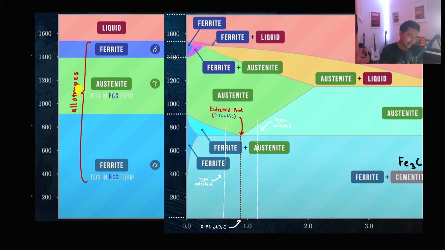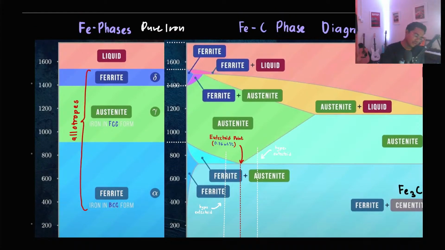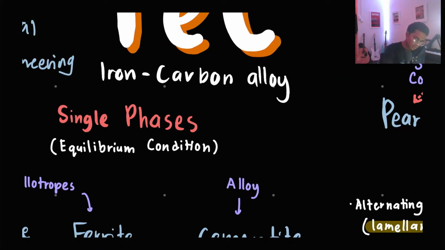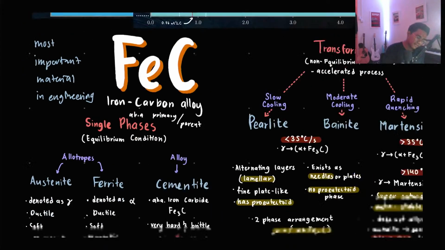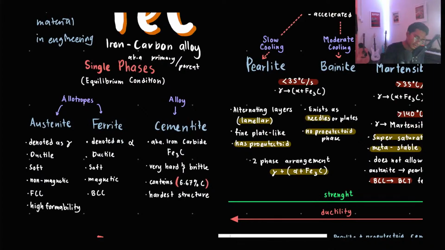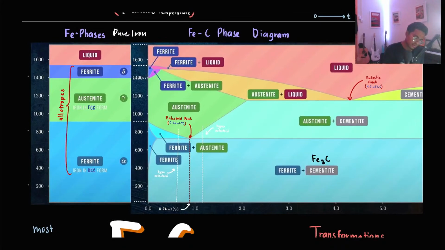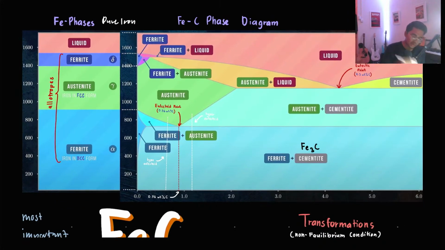So ferrite and austenite are called allotropes. This is the primary phase, also known as the primary or parent phase of iron. So when we introduce carbon, only then the Fe-C carbon phase diagram is introduced.